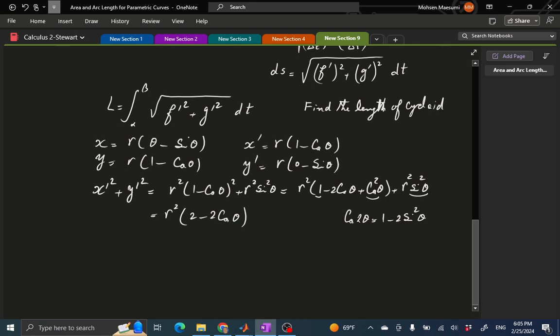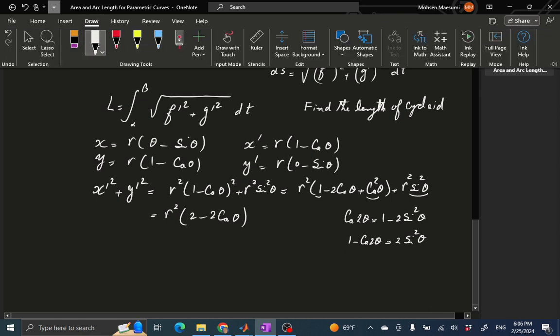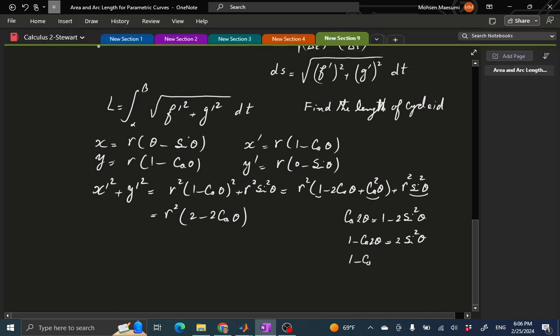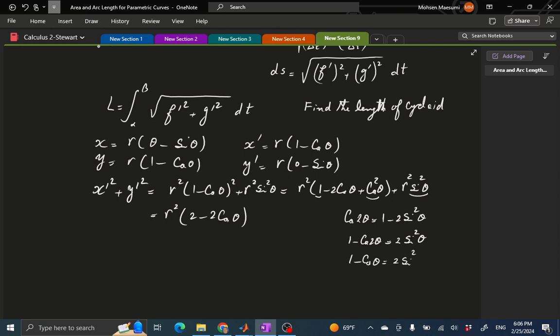So rearranging this, it tells us that 1 minus cosine of 2 theta is 2 sine square of theta, or 1 minus cosine of theta will be 2 sine square of, this is going to be half of that, theta over 2.